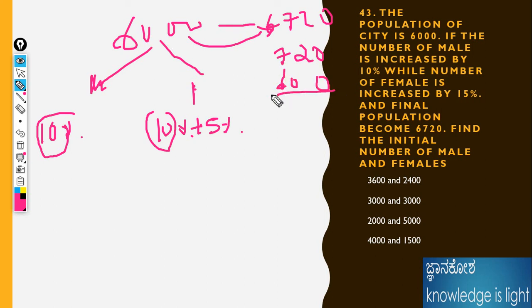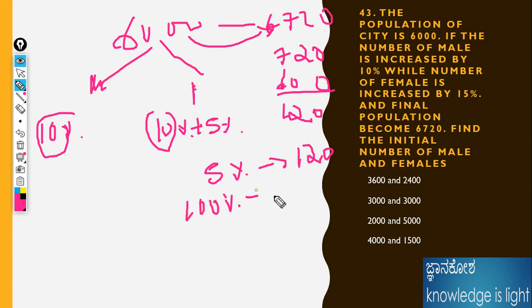Then subtract from the number what we are getting, the population. The 720 is the difference between the final population and the initial population with respect to 10% of initial population. What is coming is 120. For the female, 5% is 120. Then for 100% of the female, we need the 100% of the female population. Therefore 120 into 100 in the numerator.